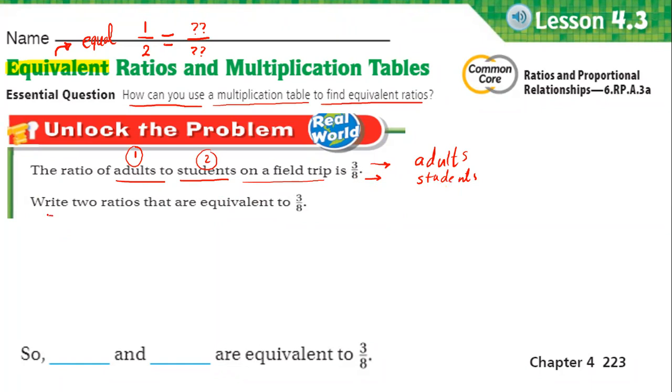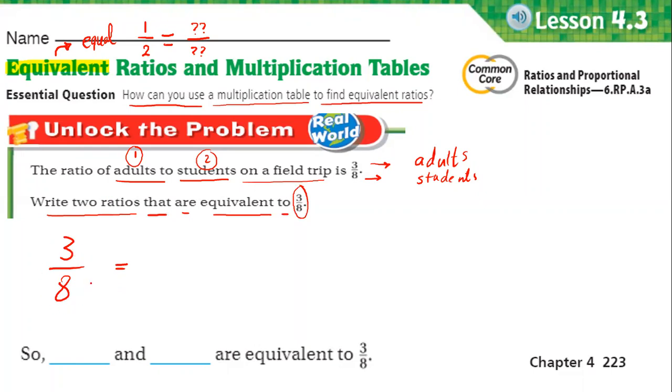Write 2 ratios. He said write 2 ratios. So he needs 2 ratios that are equivalent to 3/8. So what should I do, teacher? First of all, you need to write 3/8 like this, and you need to use your multiplication times table skills.